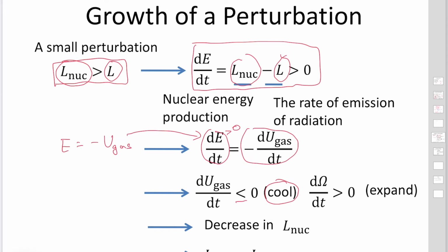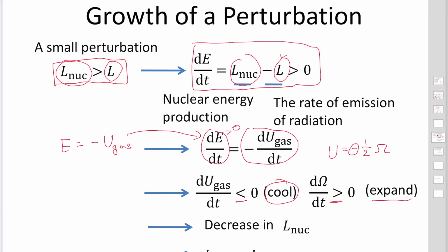And for d omega dt: because U equals minus one over two omega, omega has a negative sign, so d omega dt has to be positive. This means the star is going to expand. Actually, the radius is increasing.